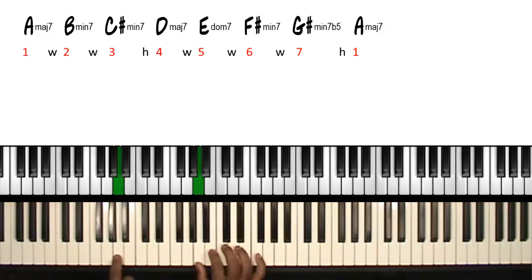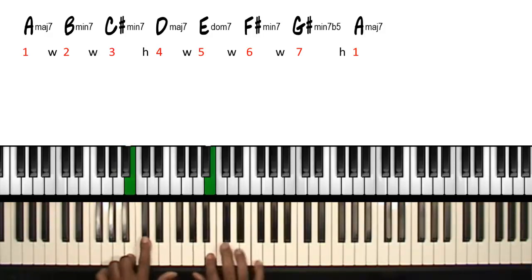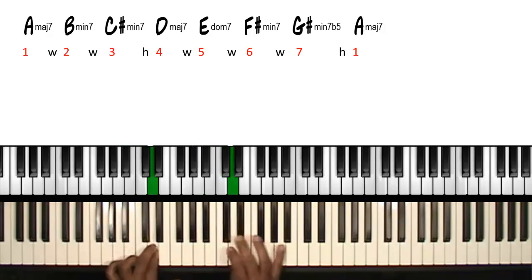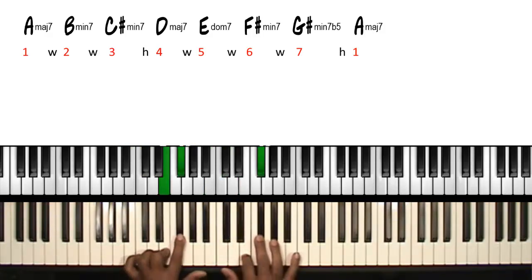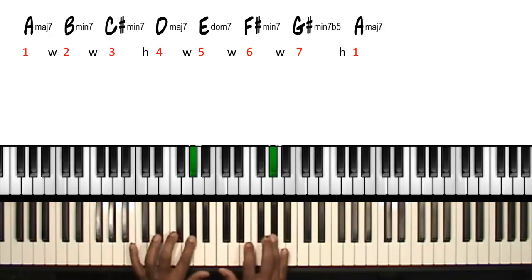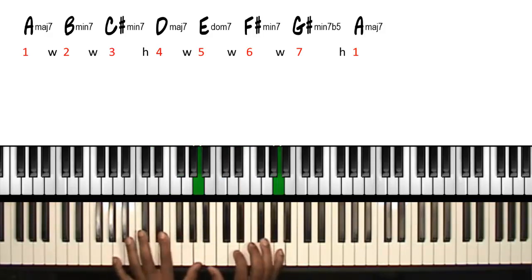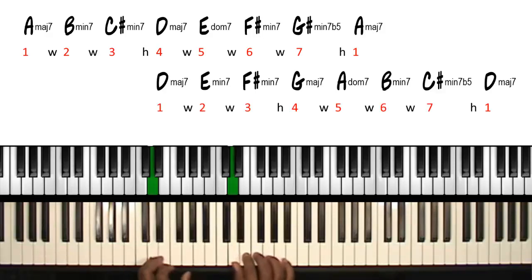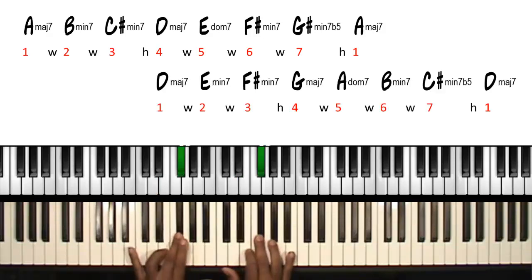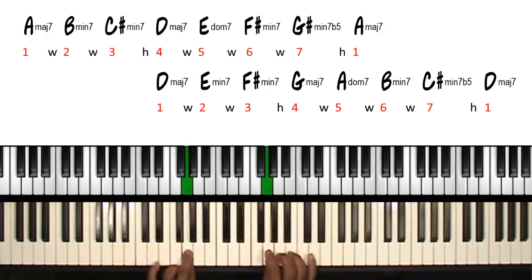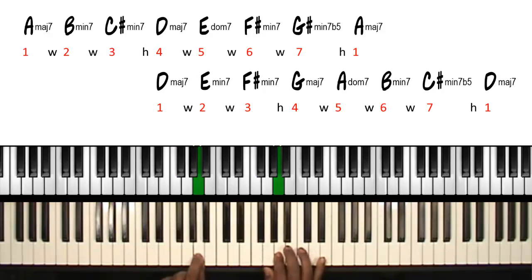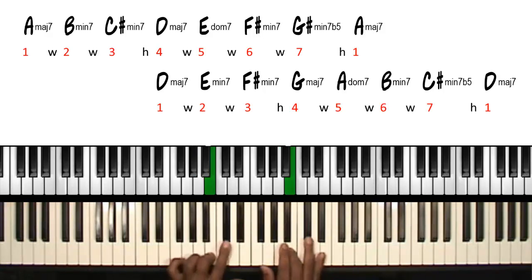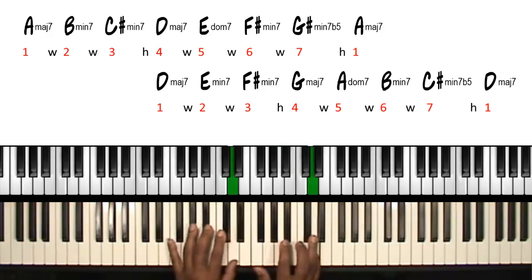In the key of A, A is the 1, B is the 2, C sharp is the 3, D is the 4, E is the 5, F sharp is the 6, G sharp is the 7, and then you're back at A. In the key of D, D is the 1, E is the 2, F sharp is the 3, G is the 4, A is the 5, B is the 6, C sharp is the 7, and D is the 1 again.